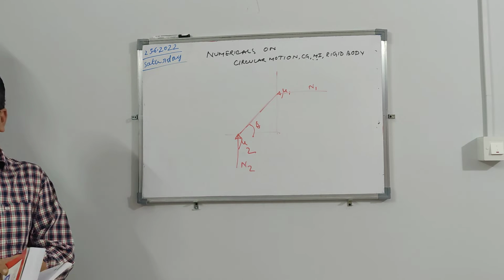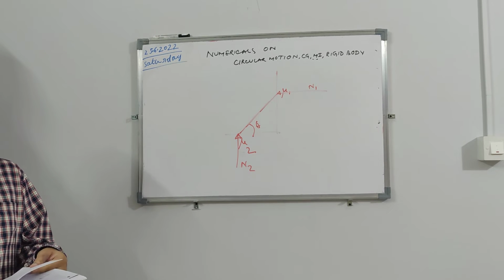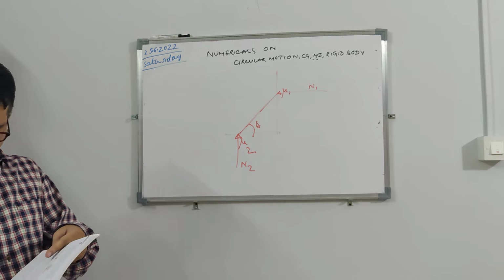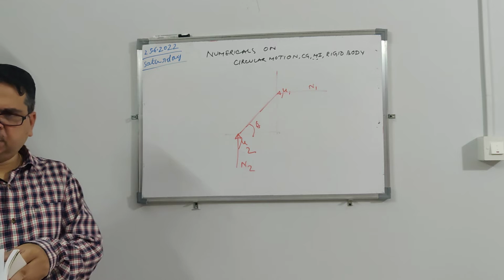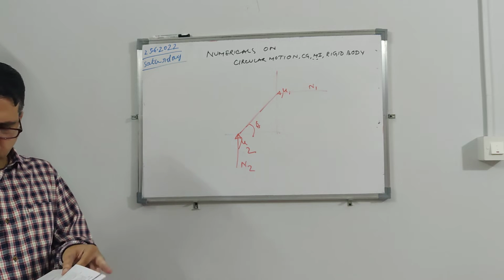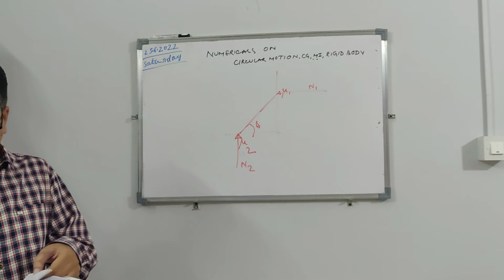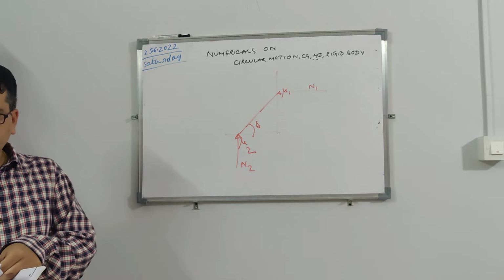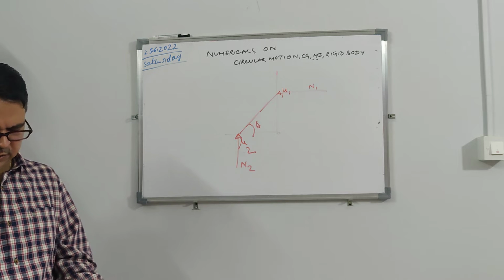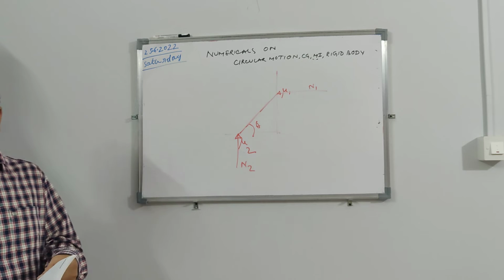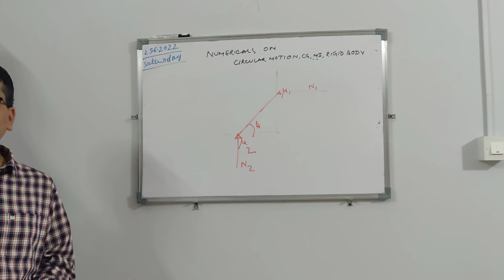Then if the ladder is about to slip, which condition will get satisfied? There will be four conditions given. You have to solve this problem and say which condition applies here, just before slipping.